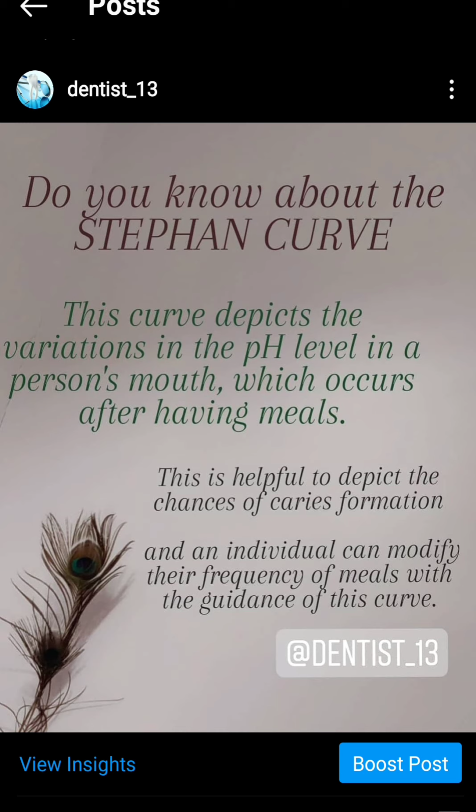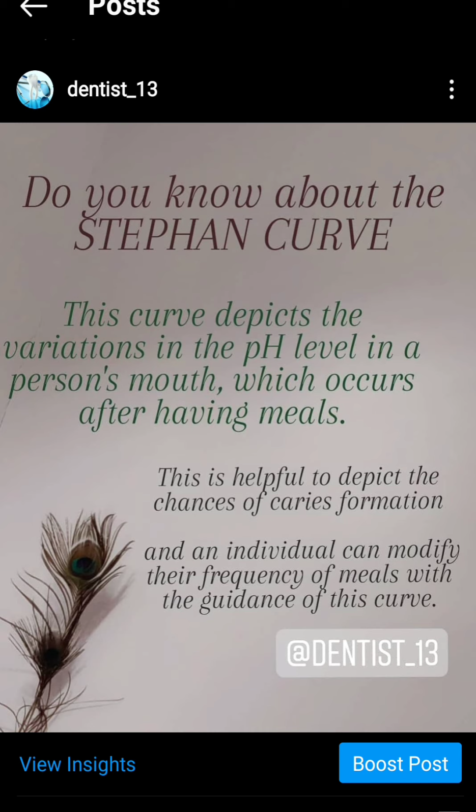Now let's learn properly what is Stephen curve. So this curve depicts the variation in the pH level in a person's mouth which occurs after having meals. This is helpful to depict the chances of caries formation, and an individual can modify their frequency of meals with the guidance of this curve.